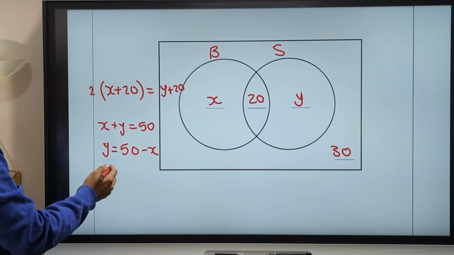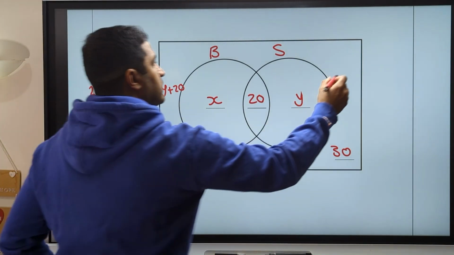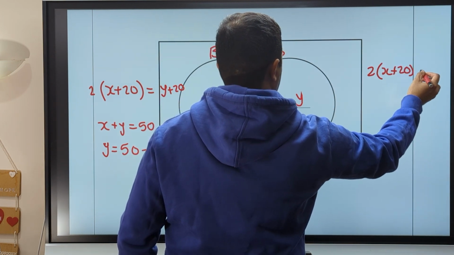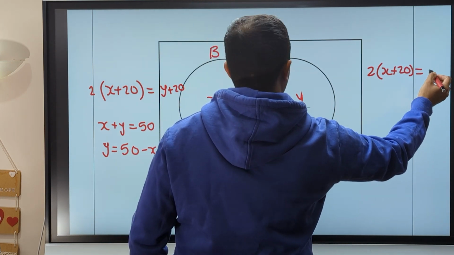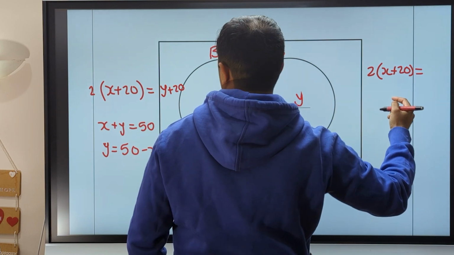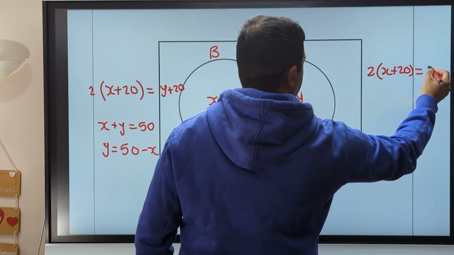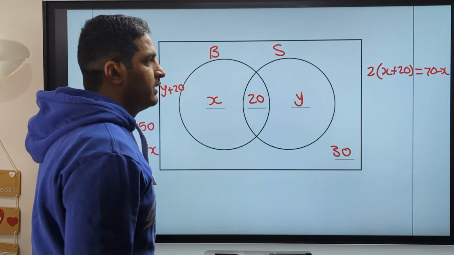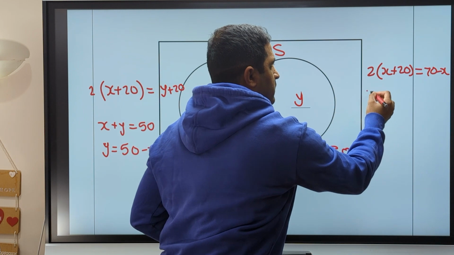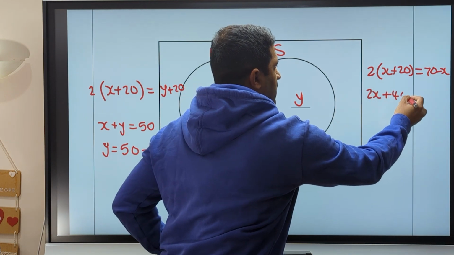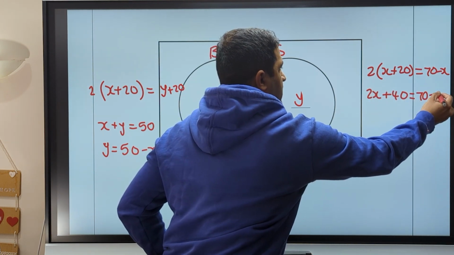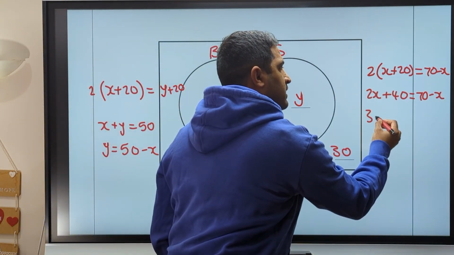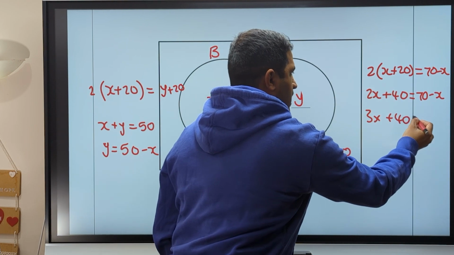Now we've got a simple equation that we can solve. So 2 times x plus 20 is equal to 50 minus x plus 20. So 50 plus 20 is 70 minus x. Double that, so we get 2x plus 40 equal to 70 minus x. Add x on both sides, we get 3x plus 40 equal to 70.